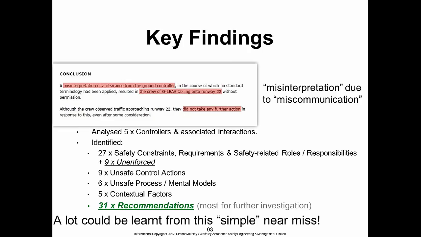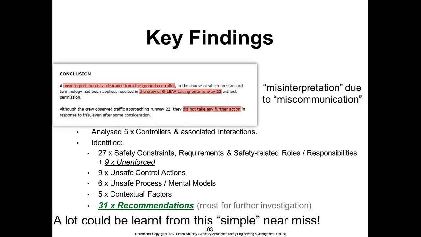It's not a detailed conclusion. There's no recommendation. So please don't misunderstand my criticism. It is not of the report. It is not of the investigation. It's not of the Dutch Safety Board. I'm merely using this as a contrast between starting with a relatively small amount of information and applying CAST to it and getting lots of benefit out of the CAST method.